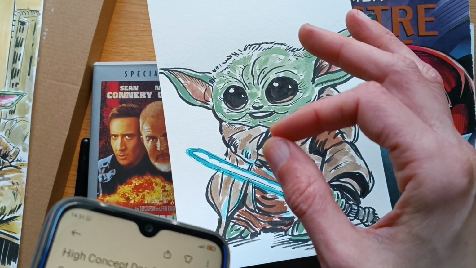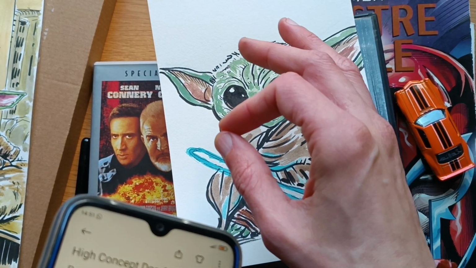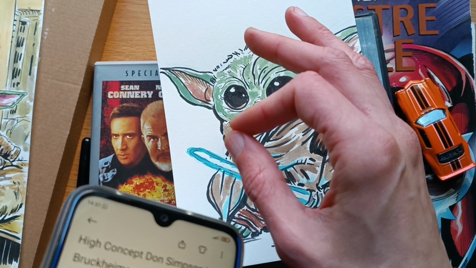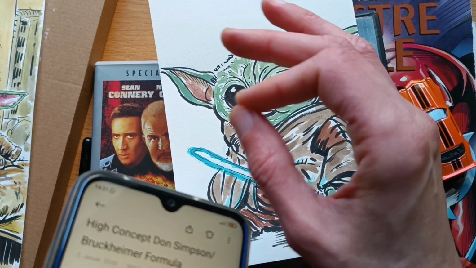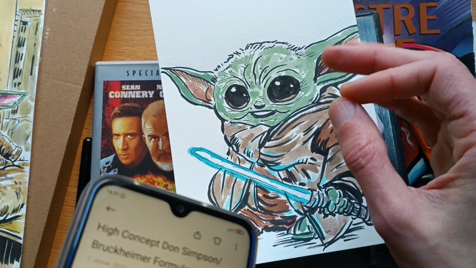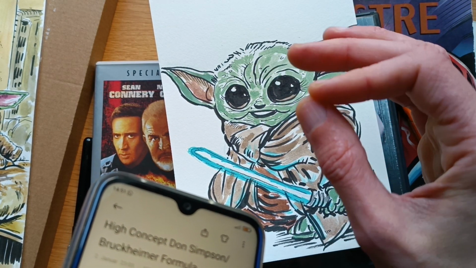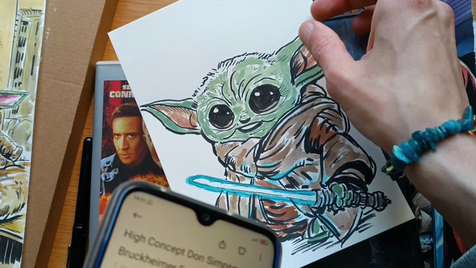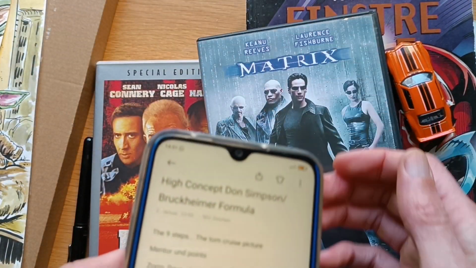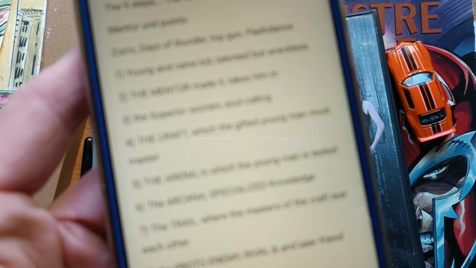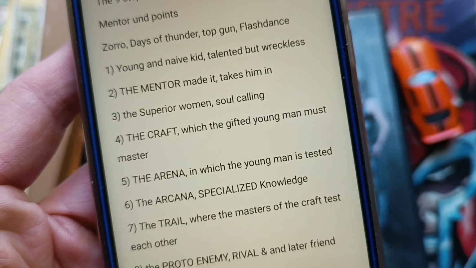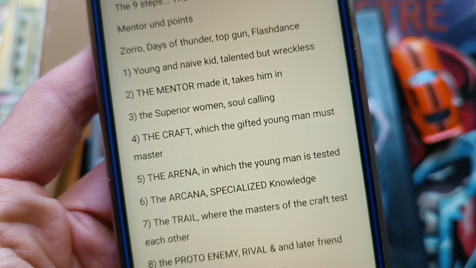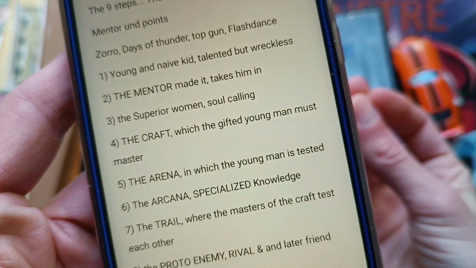But the willingness to put himself into the arena and to fight, that is what makes him a man, and what then in the end turns even Darth Vader into helping his son. So failing is part of succeeding, and being in the arena and being tested is also part of the trail.